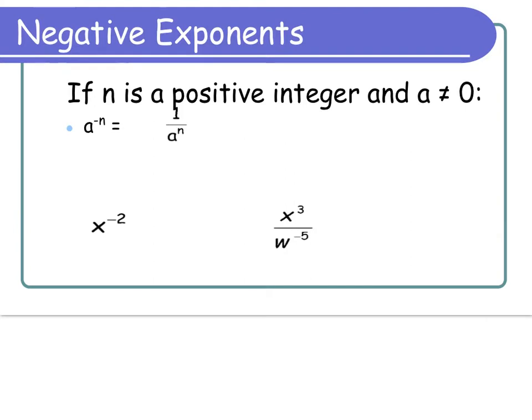Okay, moving on. Negative exponents. These are the toughest to get your head around. If you have any base with a negative exponent, what that tells you is actually that your base is in the wrong part of the problem.